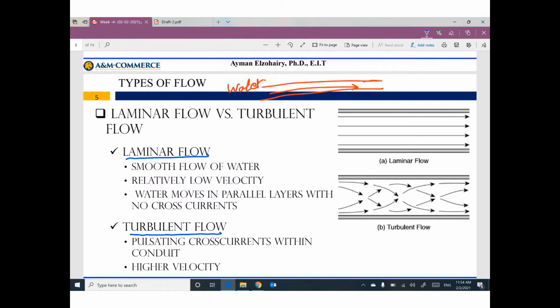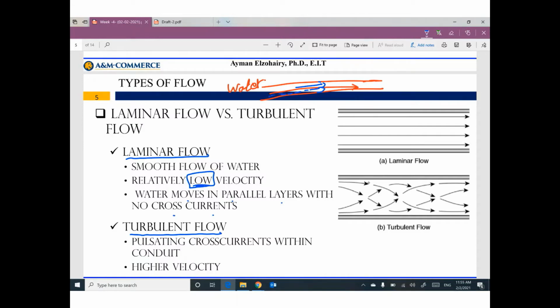Okay, so laminar flow means we have a smooth flow of water. The water is flowing in this hose smoothly. We cannot expect any turbulence. The velocity of flow is relatively low, and water moves in parallel layers with no cross currents.